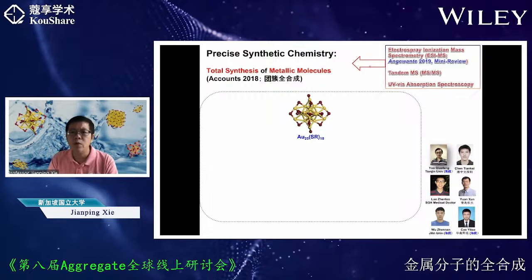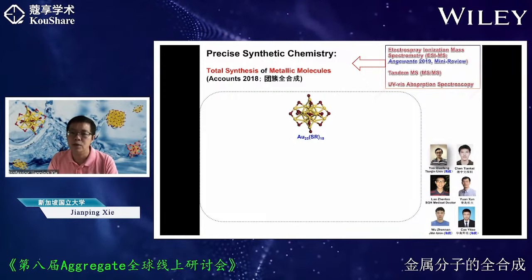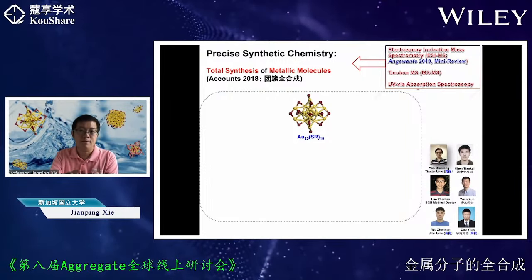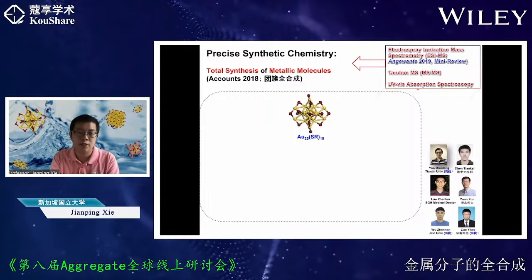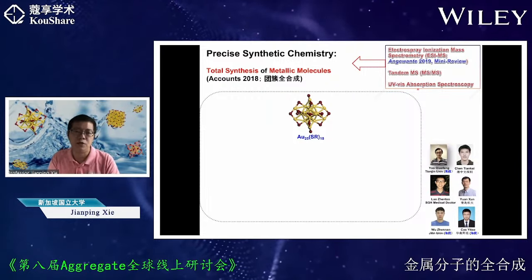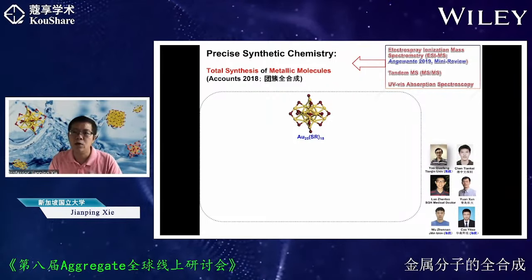We use a very simple platform like mass spectrometry, together with tandem mass spectrometry and also the optical properties, UV-vis absorption spectroscopy. But what is important for this research direction is to ask questions. What are the fundamental questions we are trying to ask for the synthesis of these particular molecules, like the metal nanoclusters? I will just summarize in these slides.